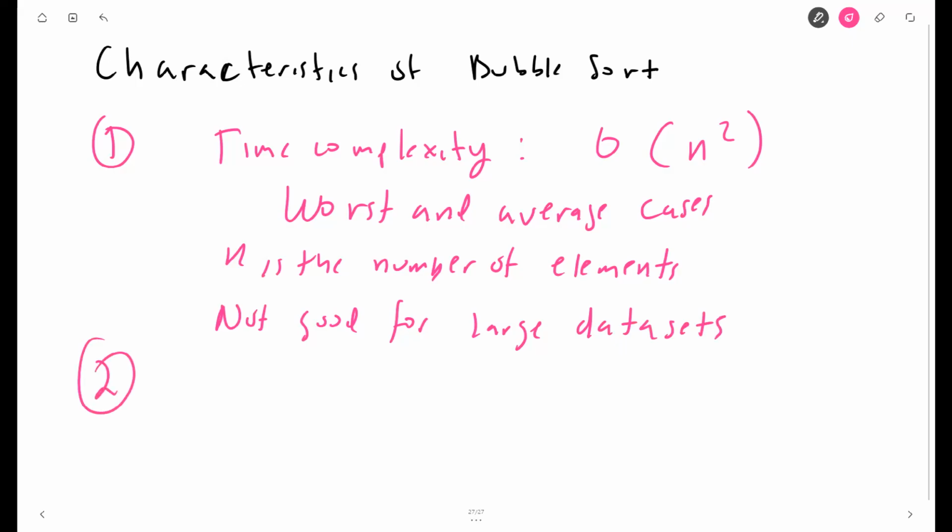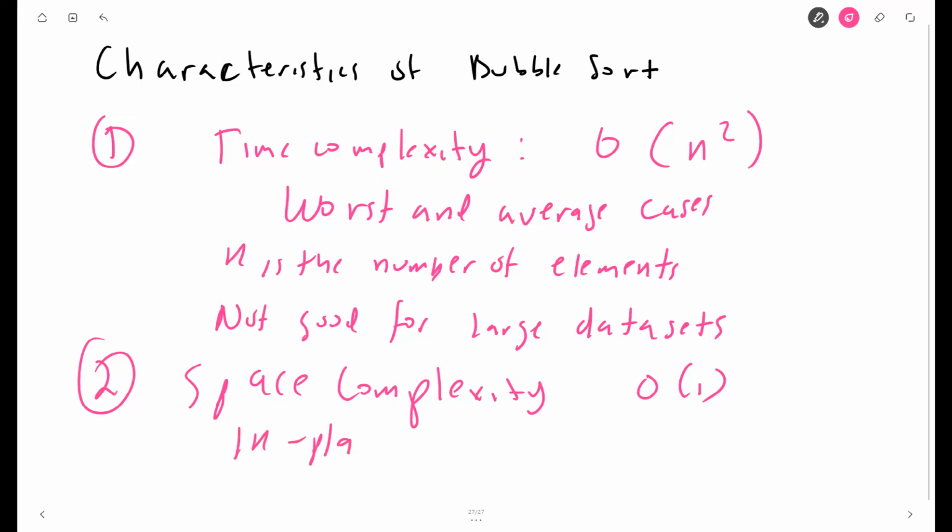Number two, space complexity: that's going to be O(1). That means that it's an in-place sorting algorithm.